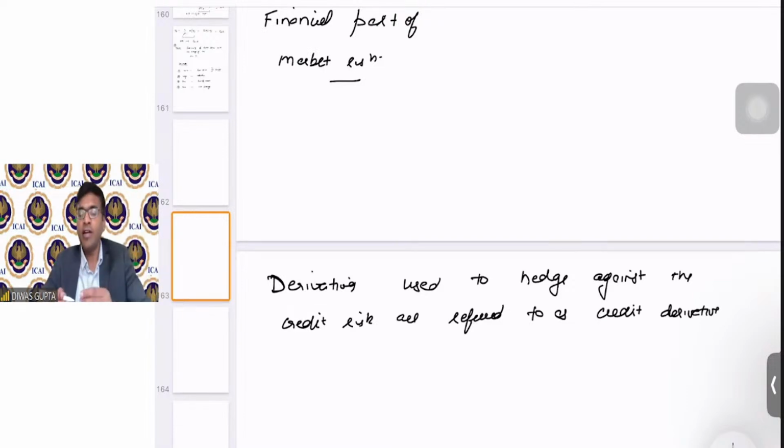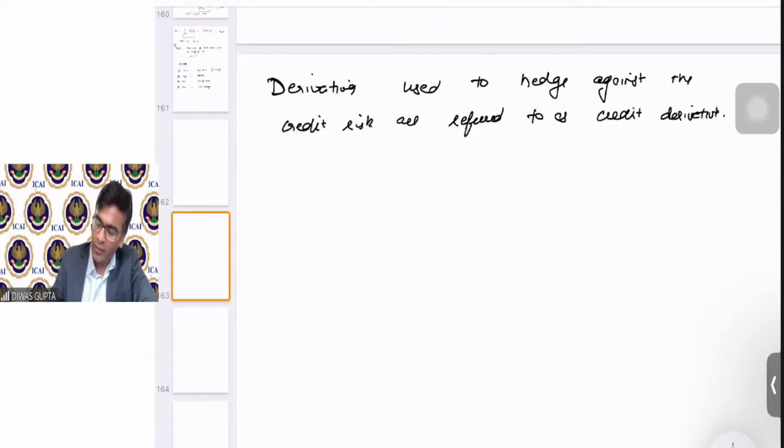So credit derivatives are those instruments that are used for hedging and other actions on the credit risks. Correct, because credit risk was unexposed till now.